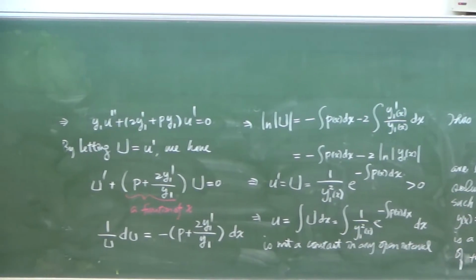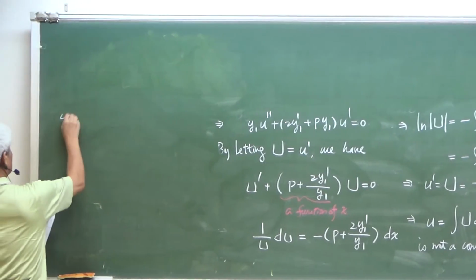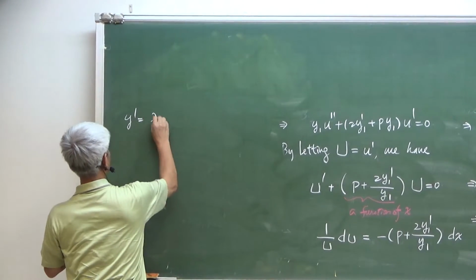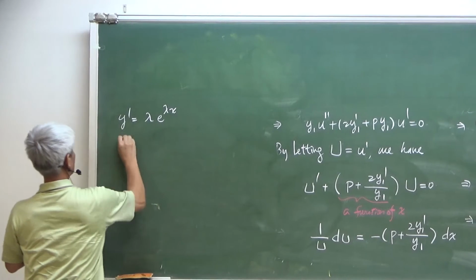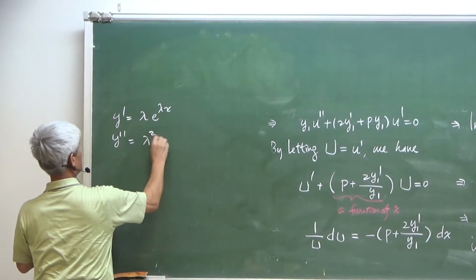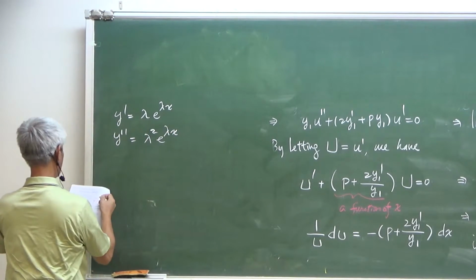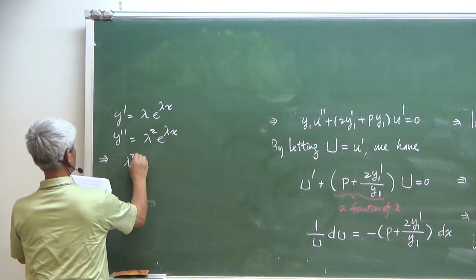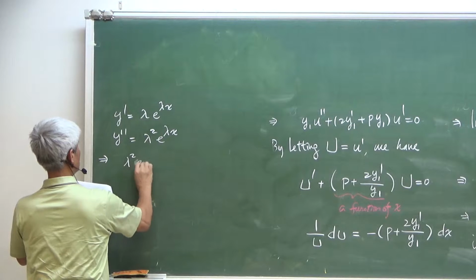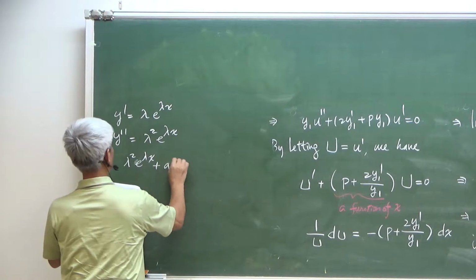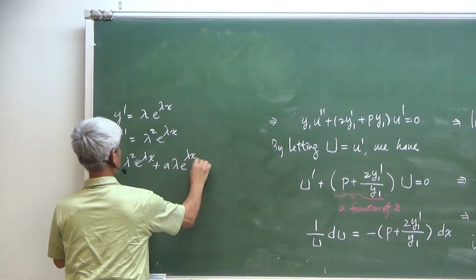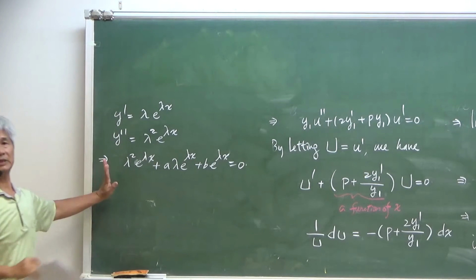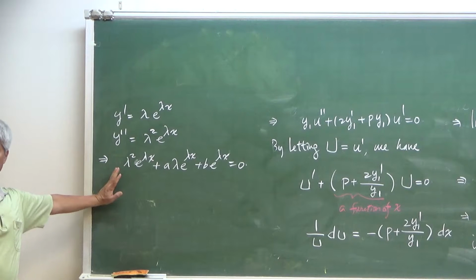When we try the exponential function, we find that y prime is equal to lambda e to the lambda x, and y double prime is equal to lambda squared e to the lambda x. So this implies that we have lambda squared e to the lambda x plus a lambda e to the lambda x plus b e to the lambda x equals 0. This is our ODE.